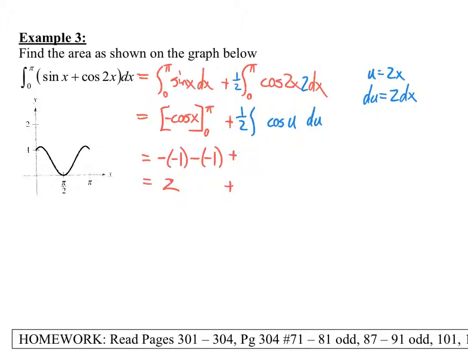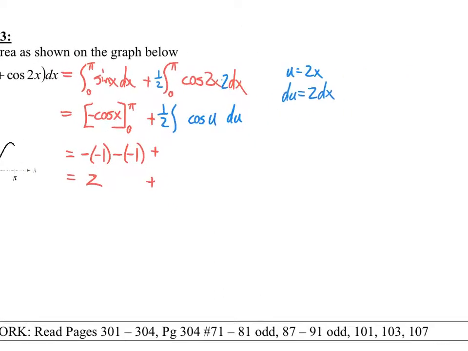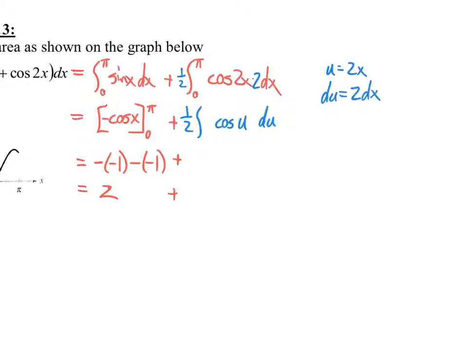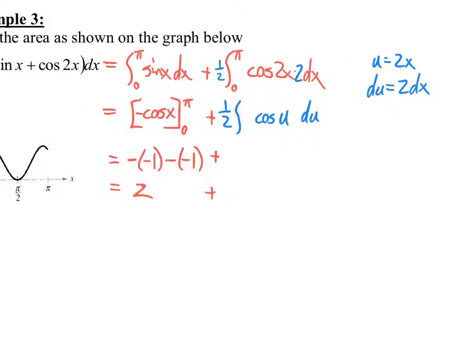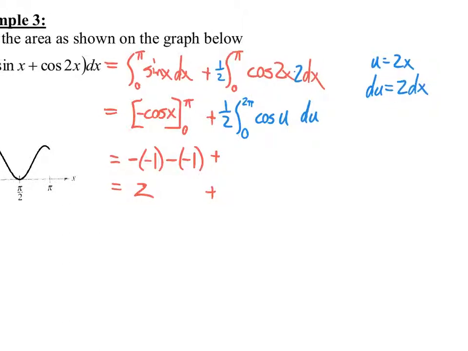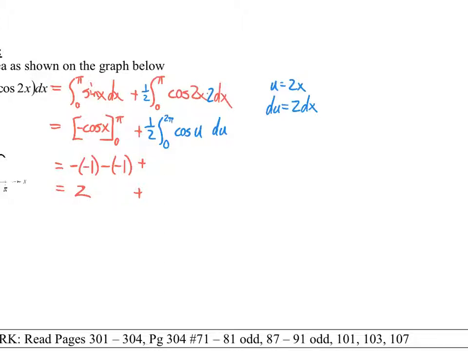Okay? But if u is 2x, well, if x is 0, 2 times 0 is 0. If x is pi, 2 times pi is 2 pi. Okay? So instead of 2x, I have 2 times 0, I have 2 times pi.